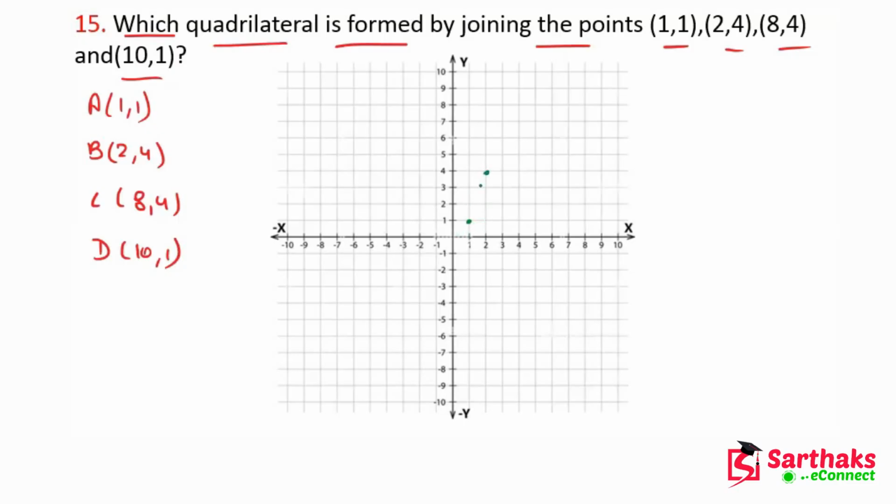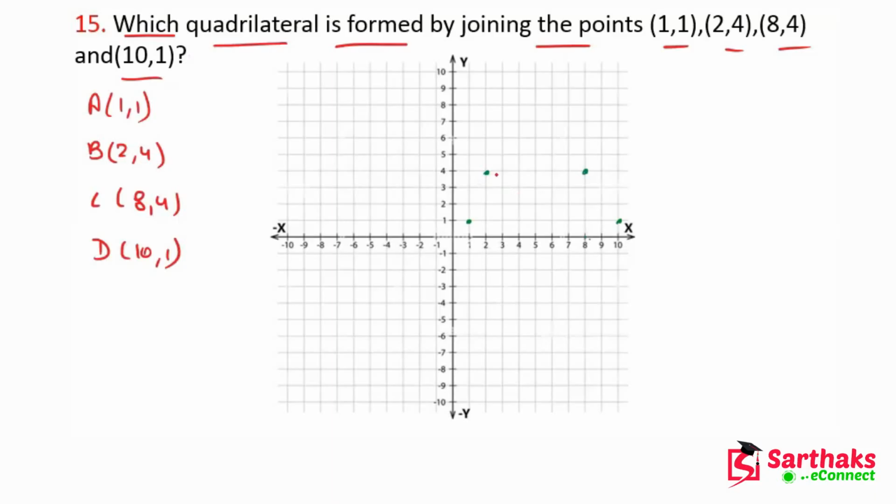Here is 2 and here is y equals 4. Now point C, which is (8, 4): in x there is 8 and in y there is 4. So this is our point C. Now point D is (10, 1).